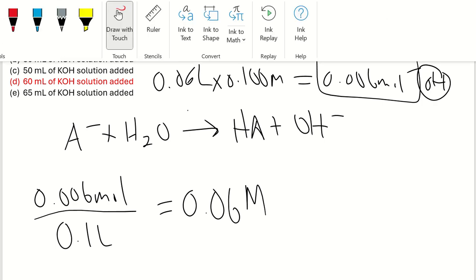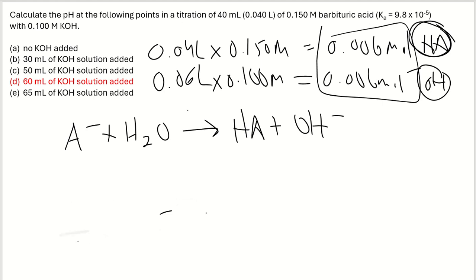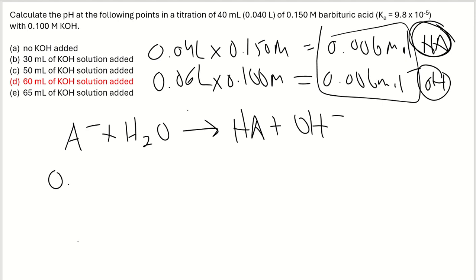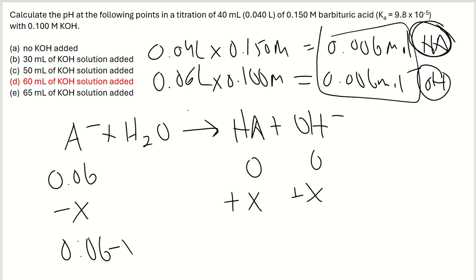So I'm going to go ahead and plug that into my rice table here. We have 0.06. We're starting with 0 and 0. We're subtracting x on the left, adding it on the right. And we get 0.06 minus x, x, and x. Again, this is going to be the same thing as no KOH added.